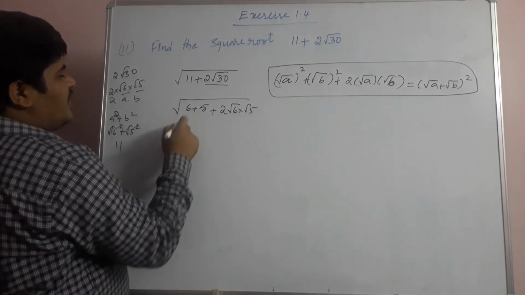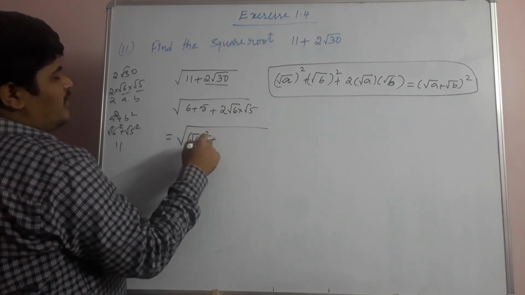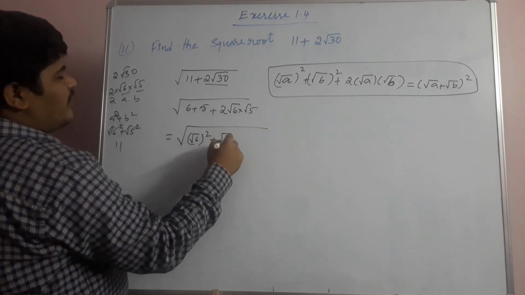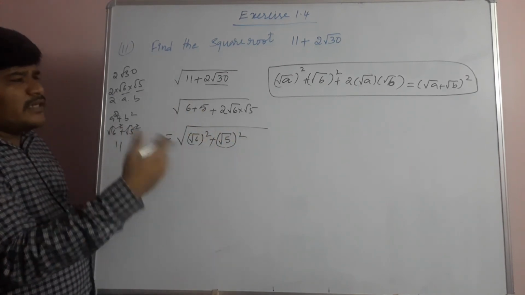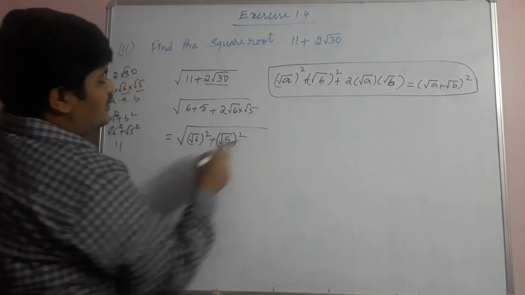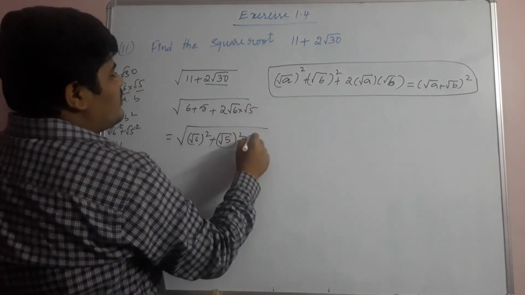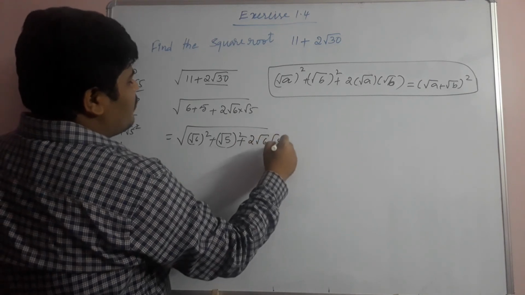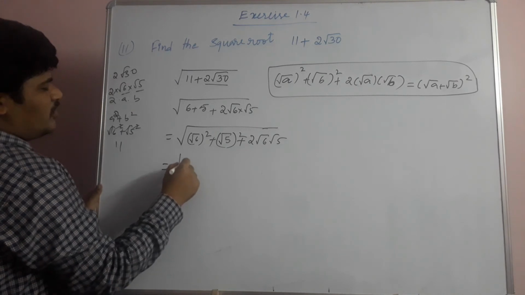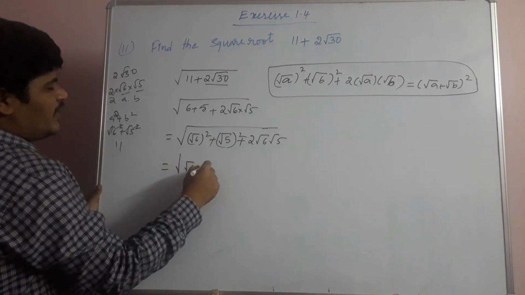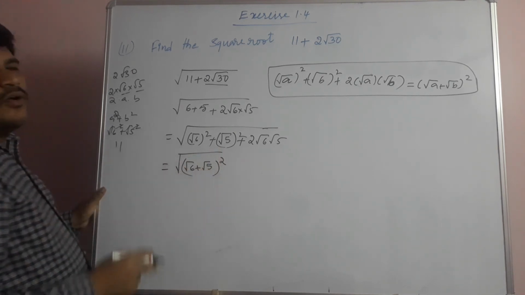So we can write it as under root of root 6 square plus root 5 square plus 2 into root 6 into root 5. According to this formula, we can write it as under root of root 6 plus root 5 whole square.